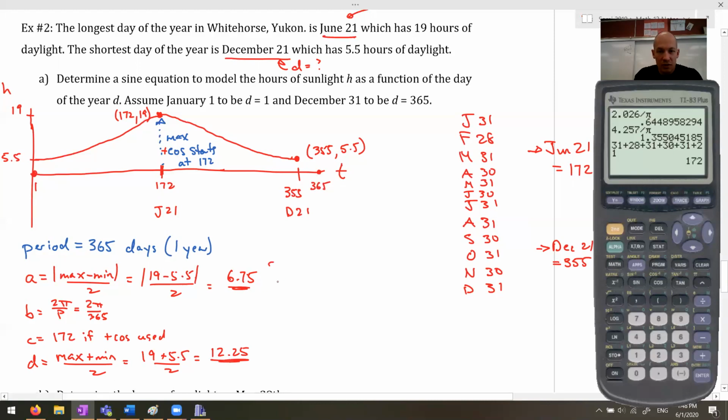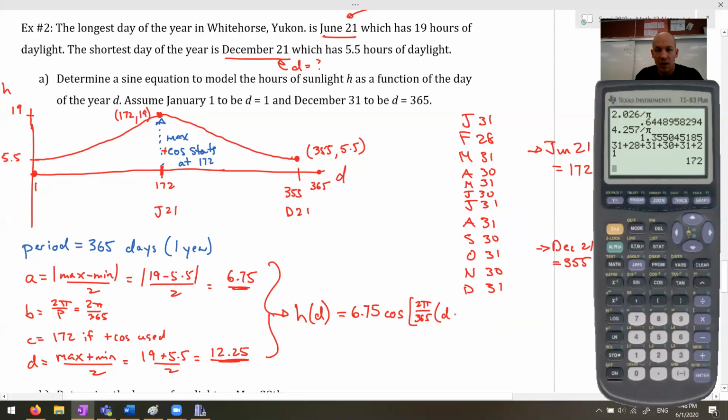Okay, so we put this all together. This tells me that the hours as a function of what day of the year it is, the hours of daylight, should be 6.75 times cosine. B is 2 pi over 365, times the day of the year, which is D. Up here I realize I put in a T. I guess that should have been a D, D for days instead of T for time.